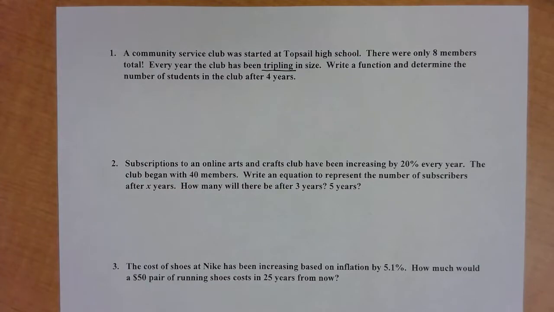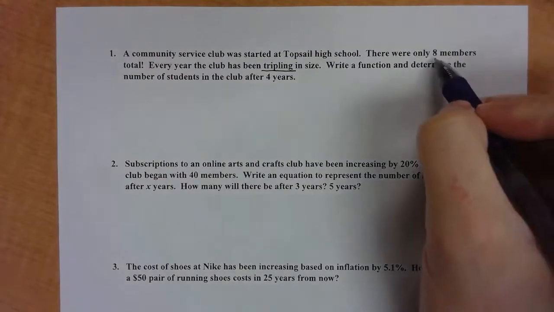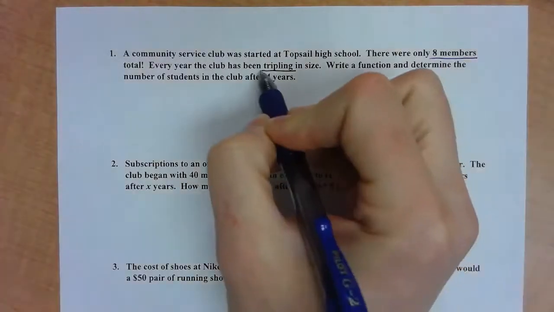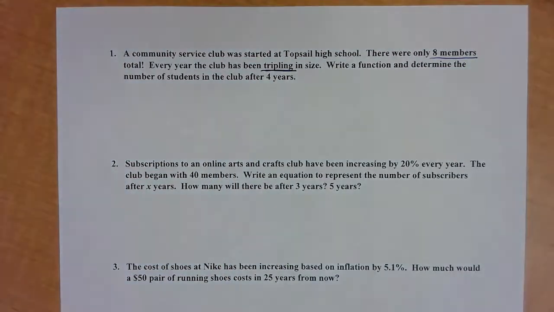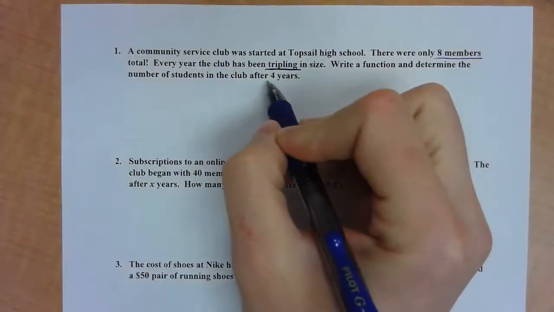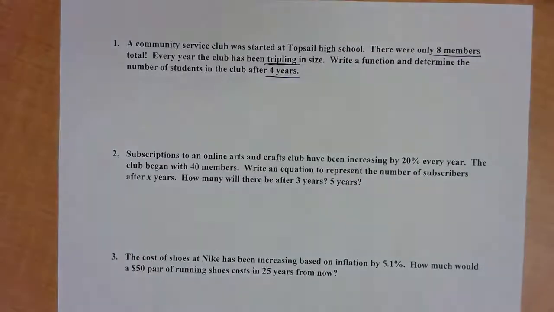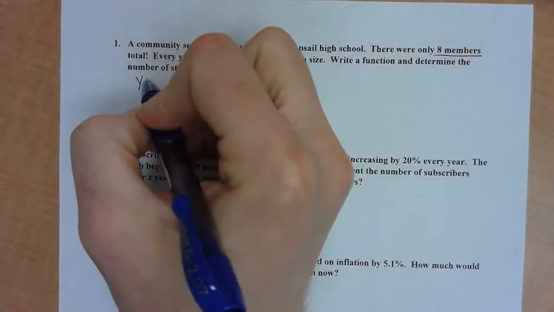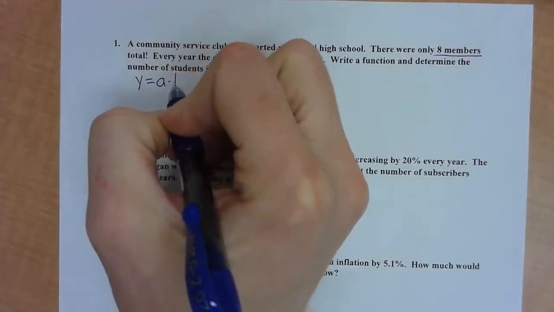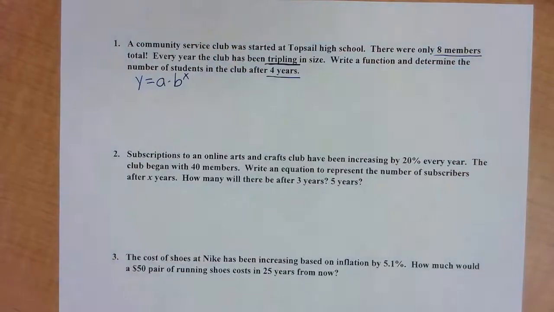We also see that there are going to be 8 members in the club to start with, and our time is 4 years. So if we know that our general equation is a times b to the x, no percents here, we want to figure out what the a value and the b value are first.